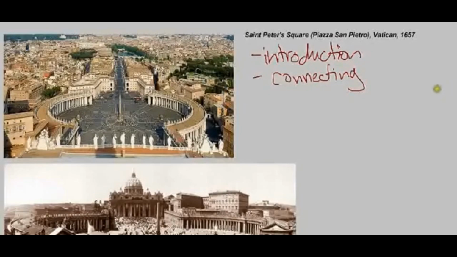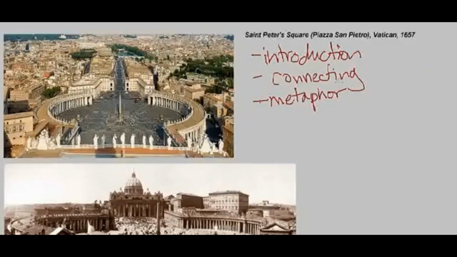And not only are these colonnades physically joining the outside space to the inside, but there's also this visual connection between the two spaces, drawing the visitor to come into the church. And this isn't useful only in literally ushering people into the basilica, but also it served as a metaphor, inviting people into the church. Let's write that down.